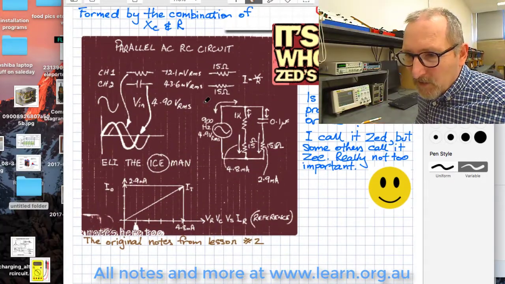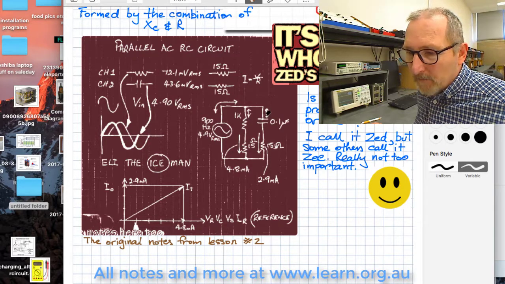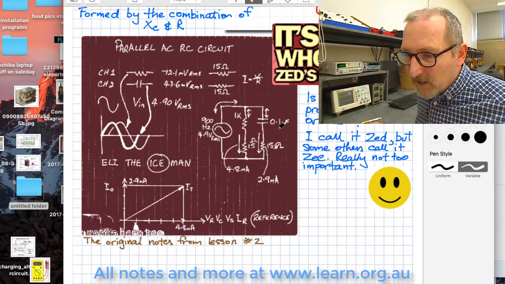Here's last week's circuit, the parallel AC-RC circuit that we used with a 1K and a 0.1 microfarad capacitor. There's our 2 sensing resistors.